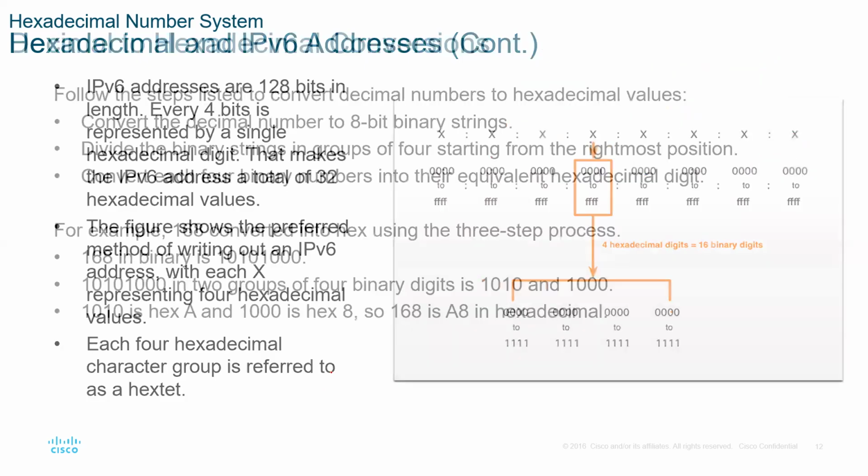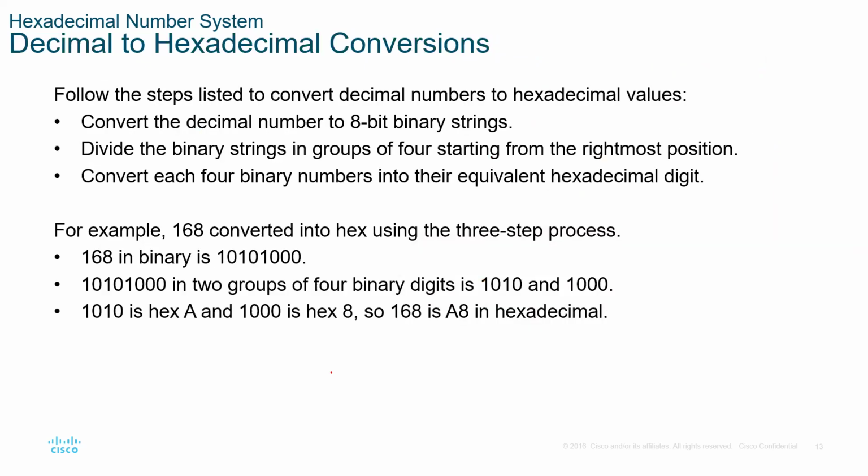Okay. Let's move on to the conversions, so that you can see how we make more conversions. Decimal to hexadecimal. Let's convert 168. That's a decimal number. 168 is decimal. To convert to hexadecimal, you have to pass through binary.